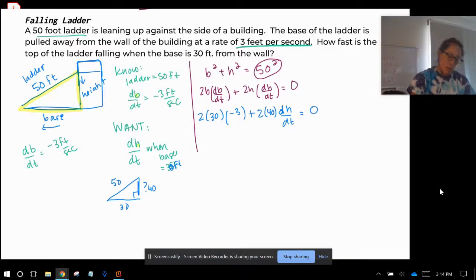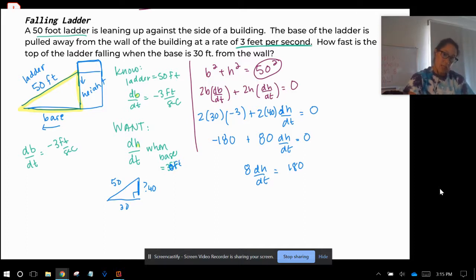All right, we continue to solve. We get negative 180 plus 80 dH/dt is equal to 0. So I have 80 dH/dt is equal to 180.